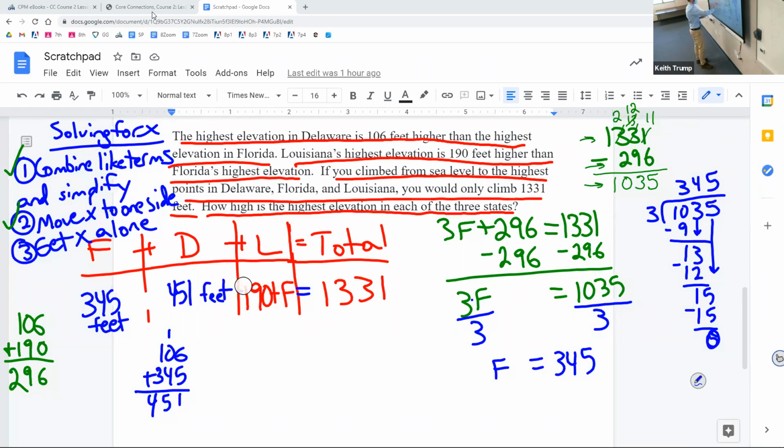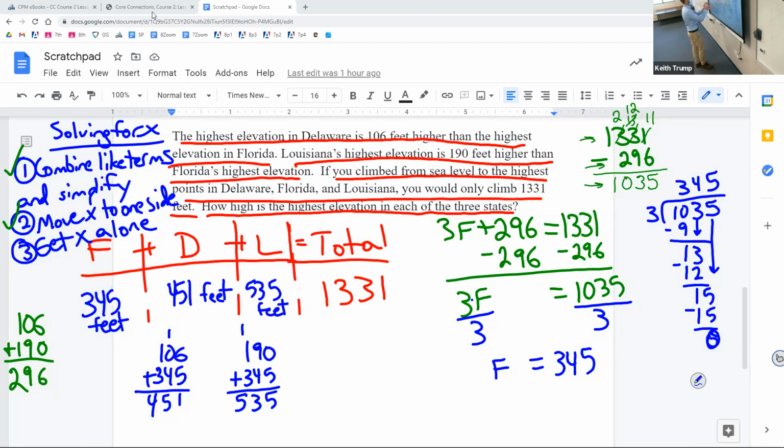And then also we have Louisiana, which is 190 plus f. So 190 plus 345. Okay, feet.